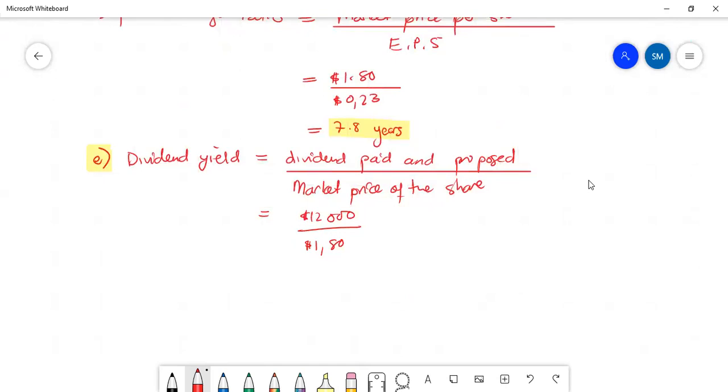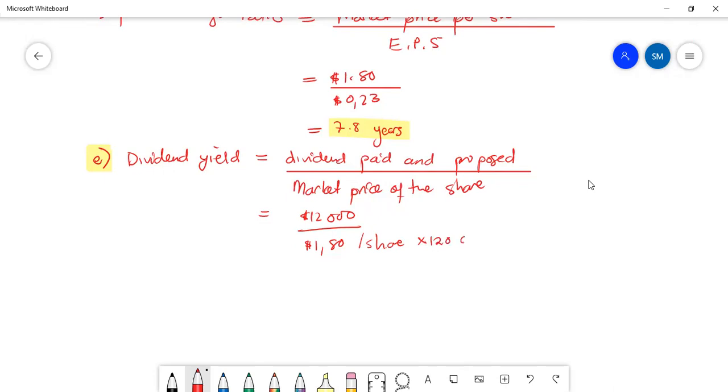This $1.80 is per share, and this 12,000 is for all the shares, which makes it a bit imbalanced. Okay, so this dividend paid and proposed, if you are going to take the market price, you either multiply this $1.80 times the number of shares.